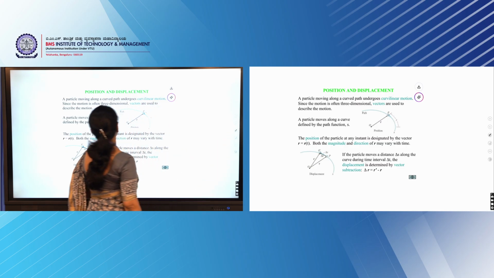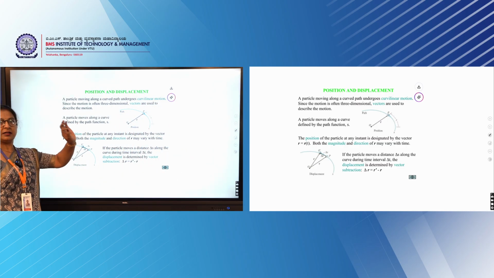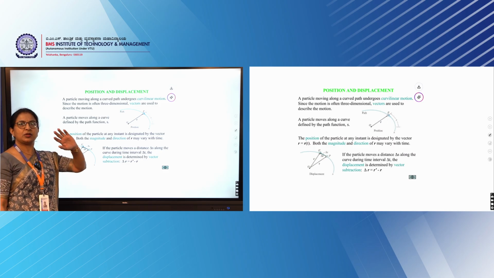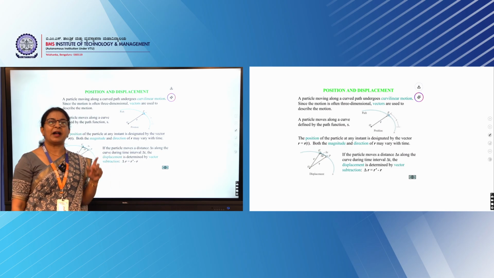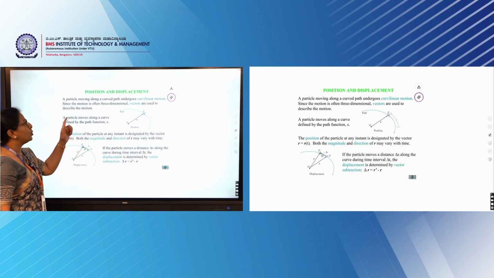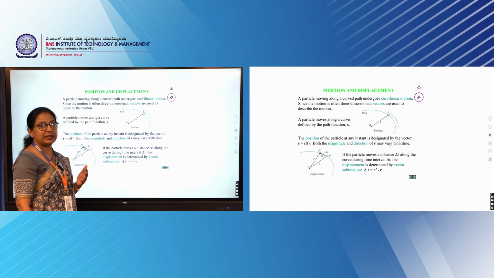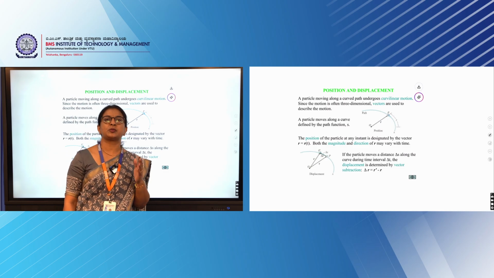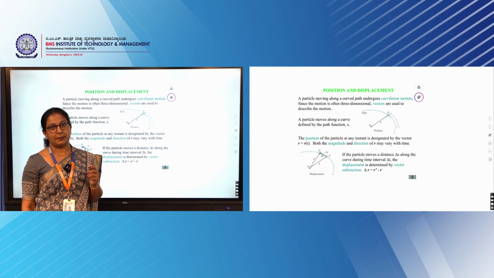How does it go? In physics or electronics, any motion we consider in terms of a particle. A particle moving along a curved path undergoes curvilinear motion. Already in 12th class you have understood what a polar coordinate is and how we use the polar coordinate system.